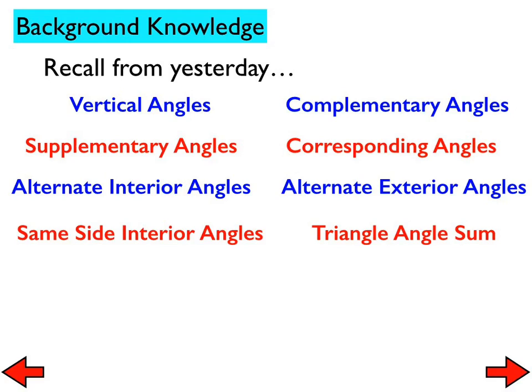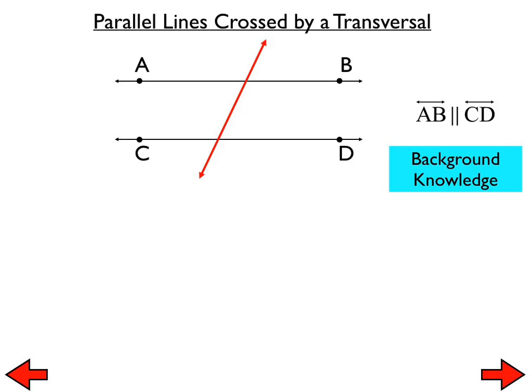And then the triangle sum theorem, and we extended off of that exterior angle. We also talked about 4 angles in a quadrilateral add up to 360 degrees. And then we talked about parallel lines cut by a transversal, and all of those things that I already mentioned.